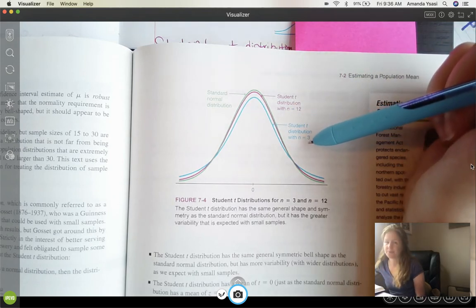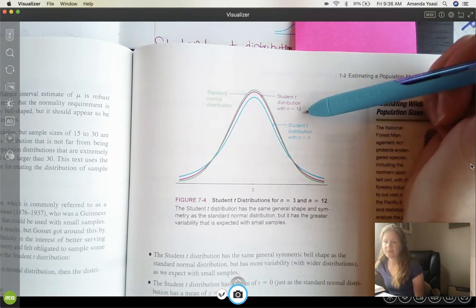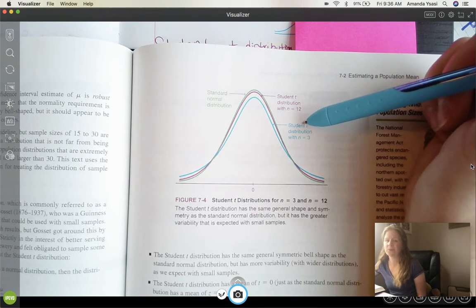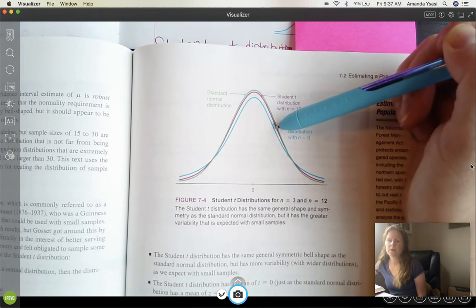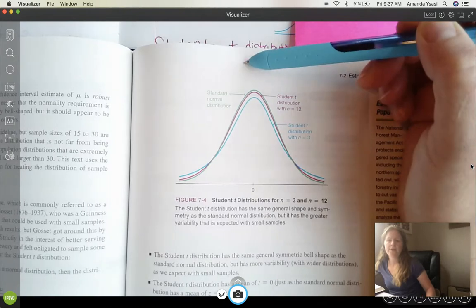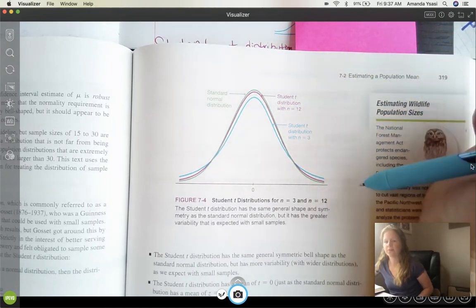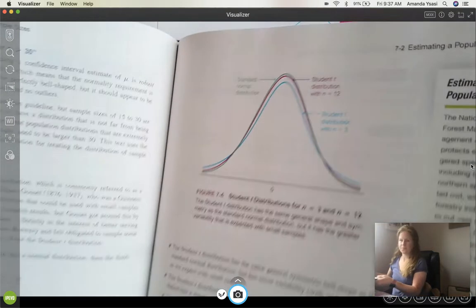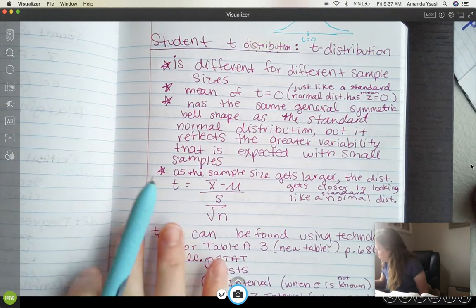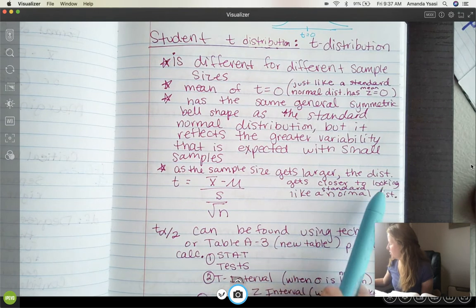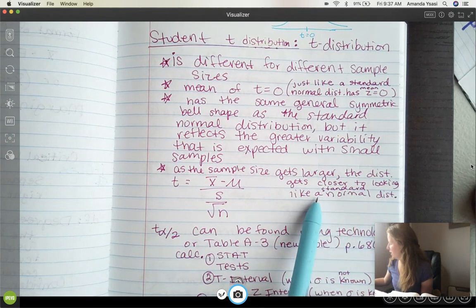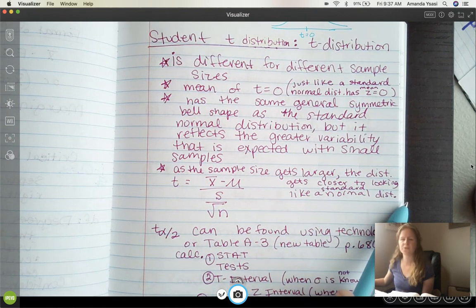That's a small sample size. n equals 12, that's a pretty small sample size too. But the more samples that you gather, the better it's going to match the standard normal distribution. As the sample size gets larger, the distribution gets closer to looking like a standard normal distribution.